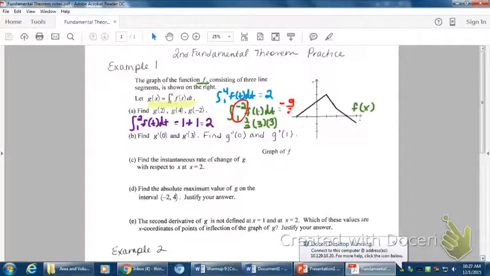Okay. So B says find g prime of 0 and find g prime of 3. Alright, we know up there, the original problem, that g of x is the integral from 1, I'm actually going to write this somewhere else. G of x is the integral from 1 to x of f of t.